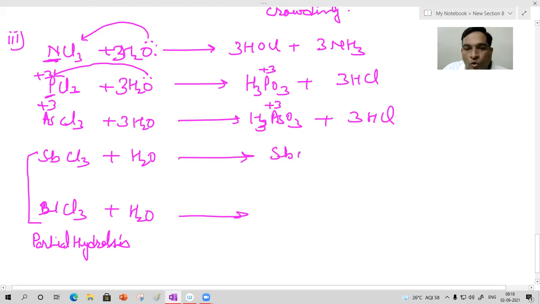Here, SbOCl, antimony oxychloride, is a white turbidity, plus 3 mole of HCl. It is properly balanced. We are not balancing the reaction because the concept is what is important.